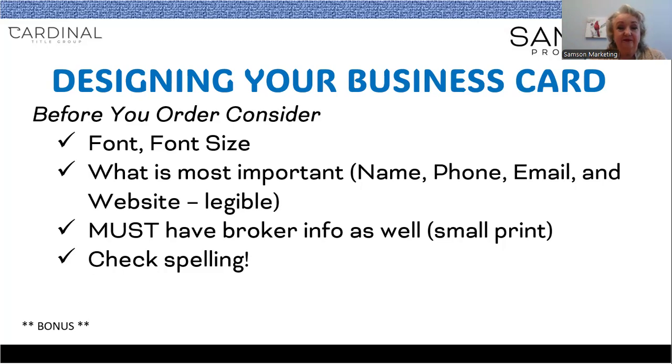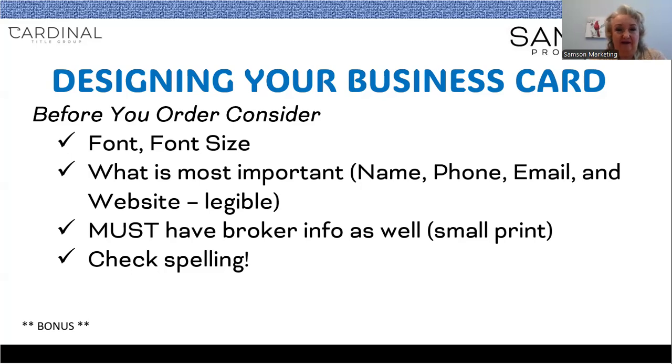All right. The next bullet point there is you must have the broker information on the card as well. You've got to identify which brokerage you are with. It is also strongly, if not required, to have the address and the office phone number of the brokerage in which you are at.